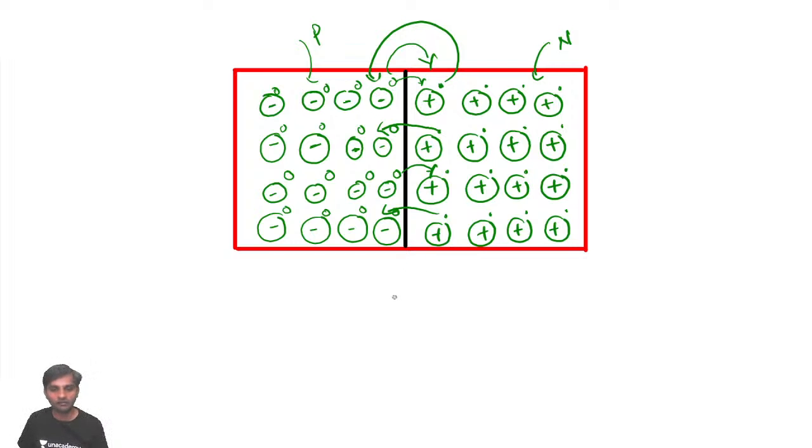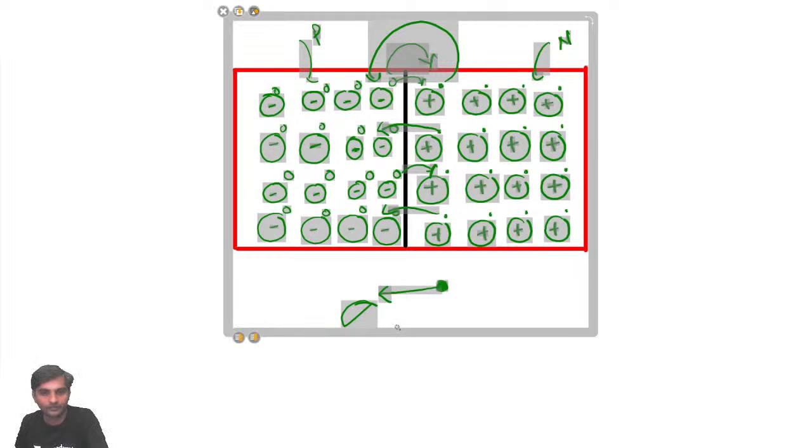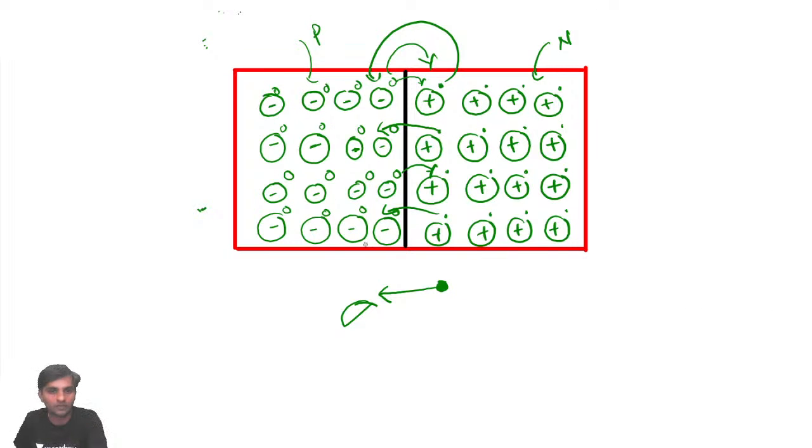Now what happens, sir? When an electron is trying to cross and fall into the hole, when electron and hole recombine, then where is the ion? The ion will disappear here.